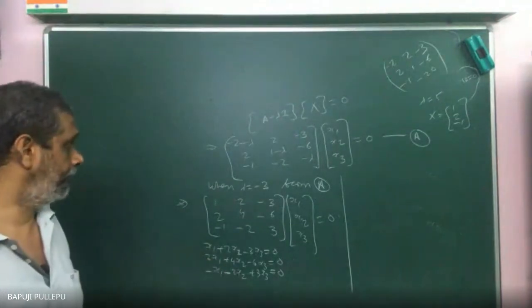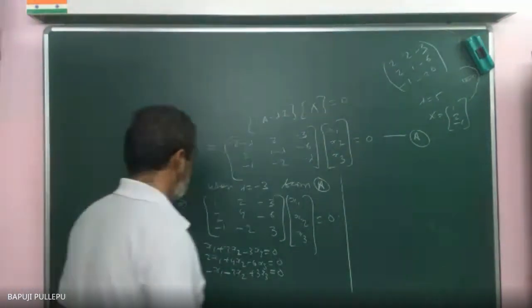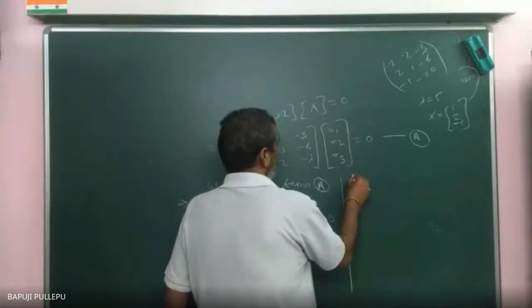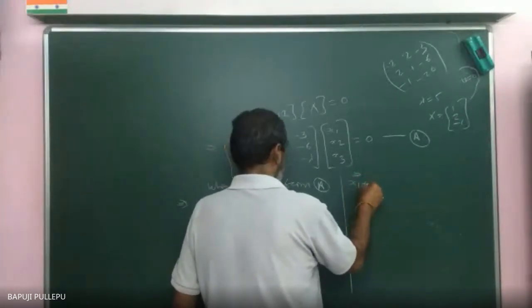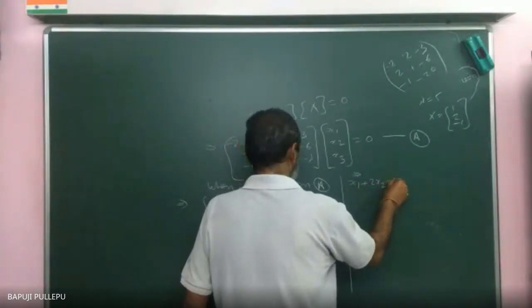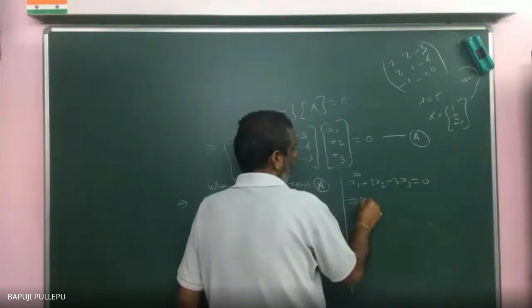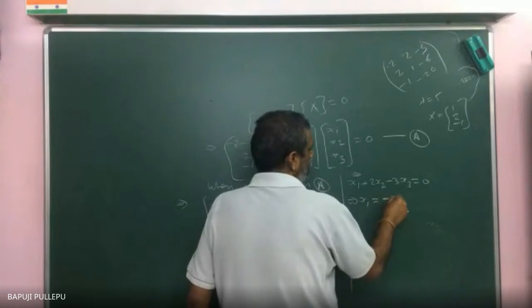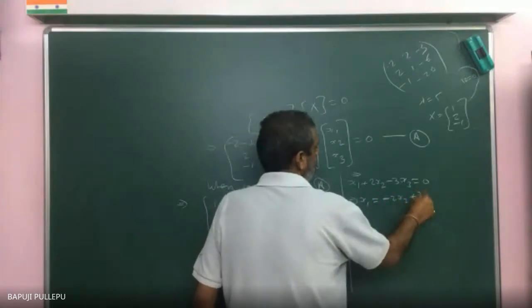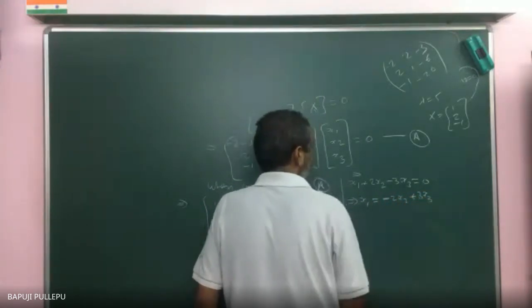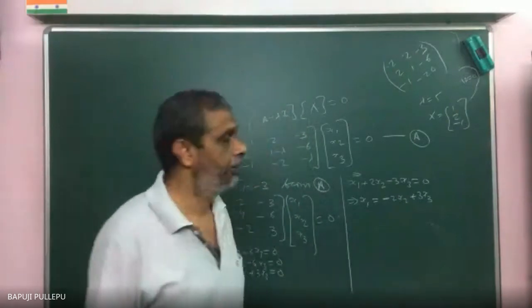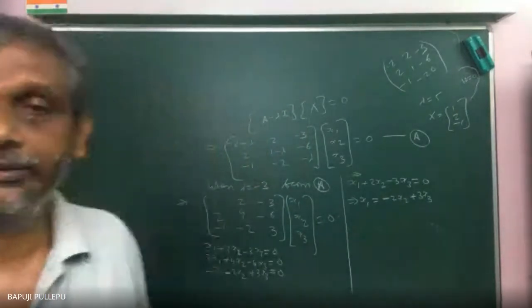Now I will consider the first equation: x1 plus 2x2 minus 3x3 is equal to 0. This I will write as x1 is equal to minus 2x2 plus 3x3. Are you agree? Yes, sir.